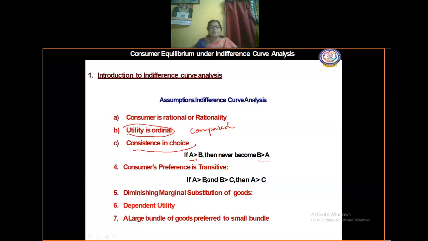And the consumer's preference is shifting from A to B, B to C, and A to C. Then there is diminishing marginal rate of substitution. That is, one good's consumption allows the other good's sacrifice. So it is called marginal substitution. It declines. MRS, the marginal rate of substitution, is declining.